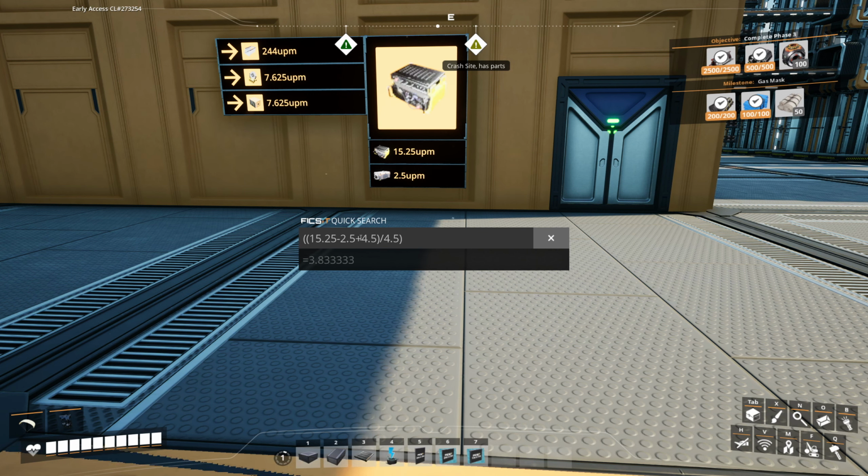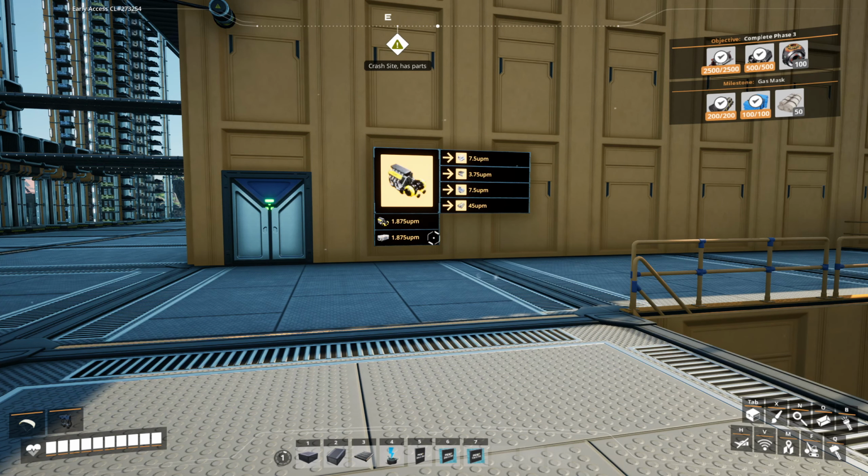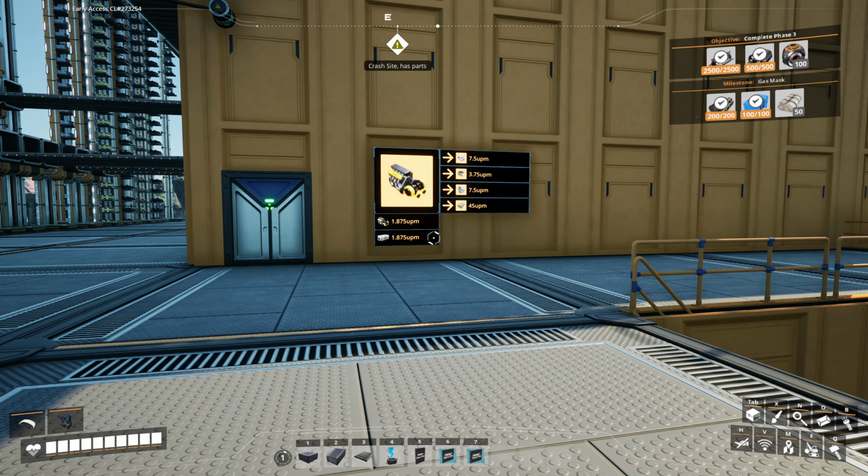But there's only 3 floors, and we've checked all 3 floors on this side. Turbo motor. Are there any other recipes that require rubber? Nope.